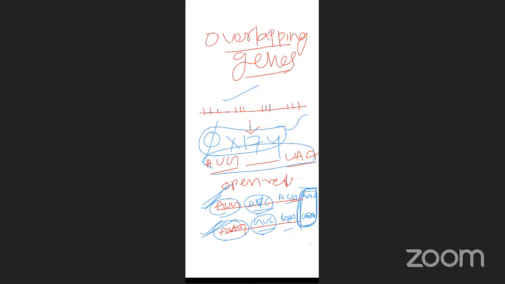Next one, the second one, alternative splicing. What is splicing? Already told you. Splicing means removal of introns, right?